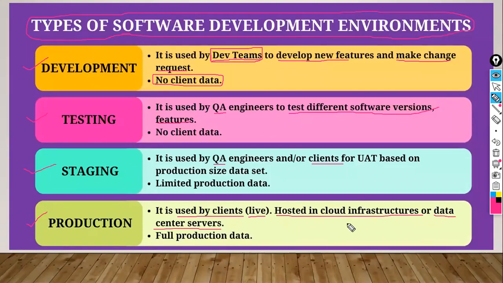What is cloud infrastructure and data centers? We are going to see in our coming sessions. But for now, just remember that the production environment is the one used by normal users like us, whereas the staging environment is used by the testing team as well as the client. The testing environment is used by the testing team alone.